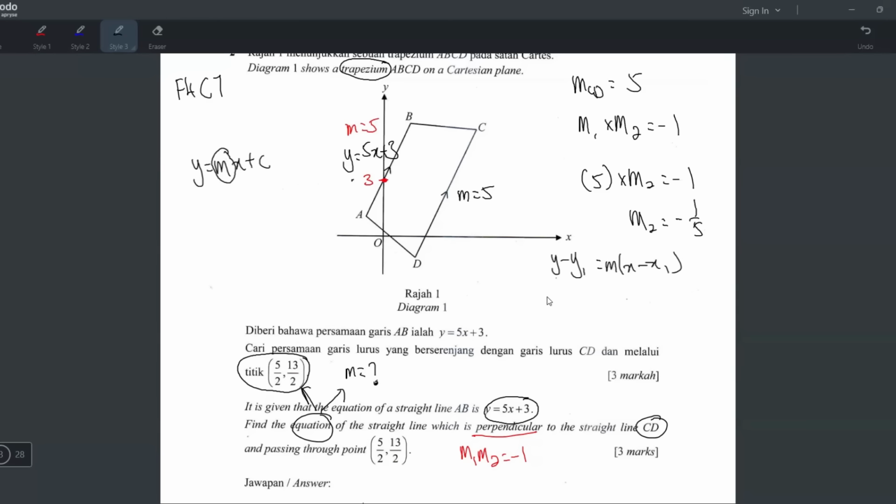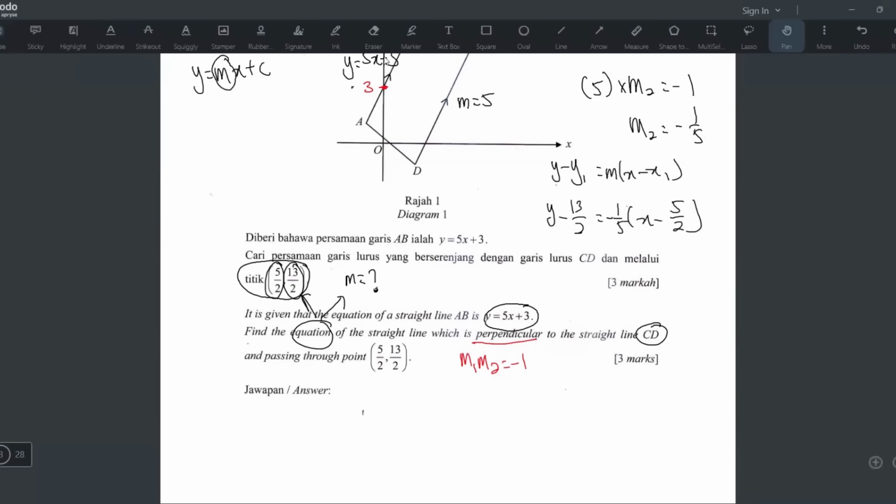So the Addmaths method will be like this. y minus something equals gradient times x minus something, right? The m will be -1/5. And then y1, x1 will be this point. 5/2 is the x coordinate, so write it at x, but change the sign. And 13/2 is the y coordinate, write it at y, but change the sign, because the formula is like that. Alright, now it's time to expand the -1/5.